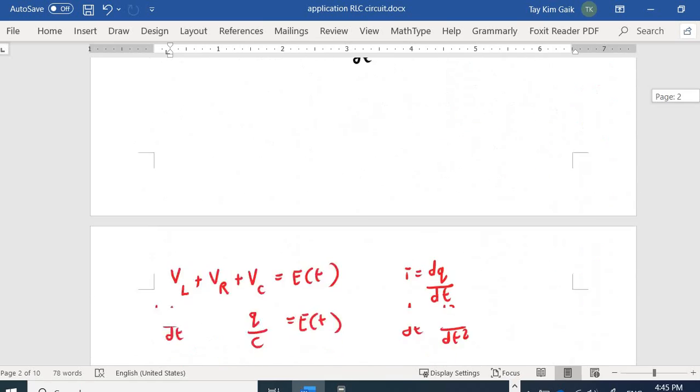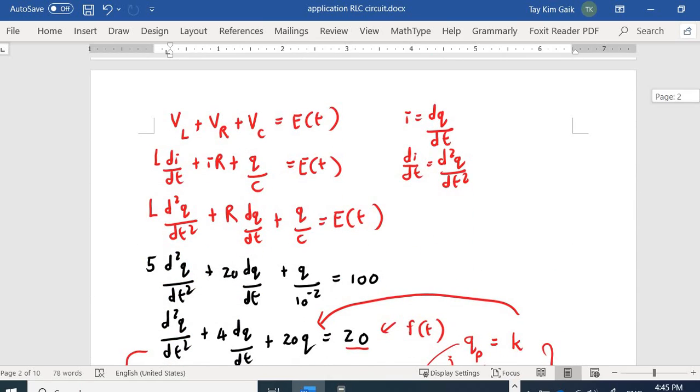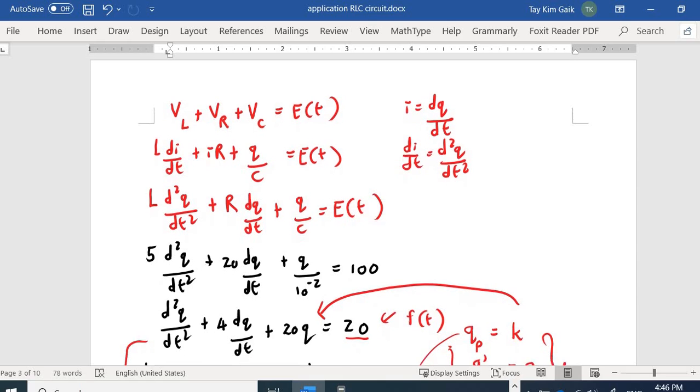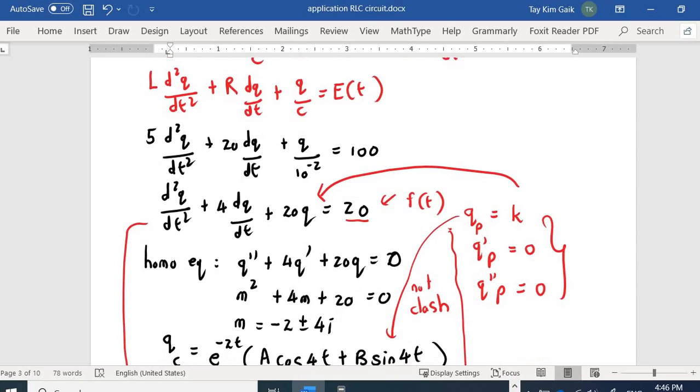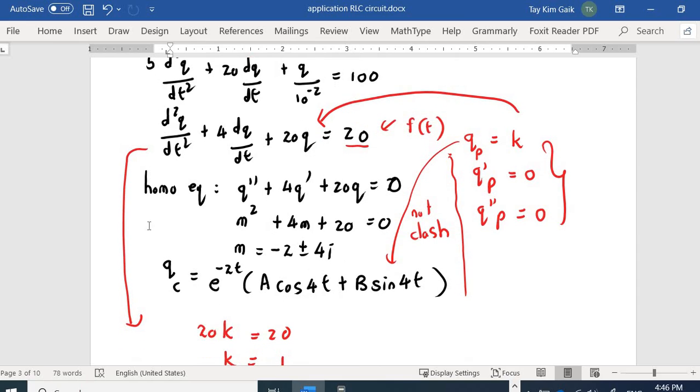After obtaining the P, we get the particular solution for the current I, which is 5 exponent negative 2t sin 4t. The same RLC circuit will be modeled in terms of charge Q. So VC is Q over C, I is dq/dt, di/dt is d2q/dt2, and Et is 100. So you get a second order non-homogeneous equation. To solve it, you have to solve the homogeneous equation first. That's why Qc has the same pattern as I, because I only involves the homogeneous equation.